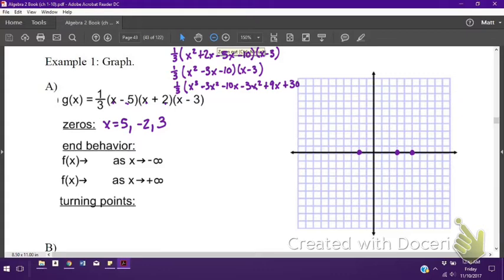Okay, so when I simplify again, I get 1/3 x cubed minus 6x squared minus x plus 30.